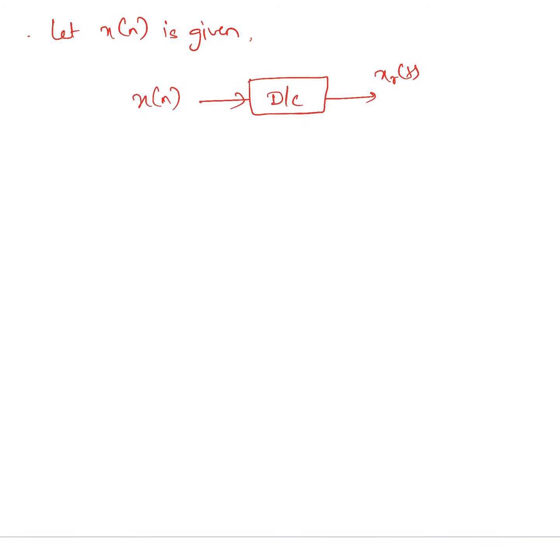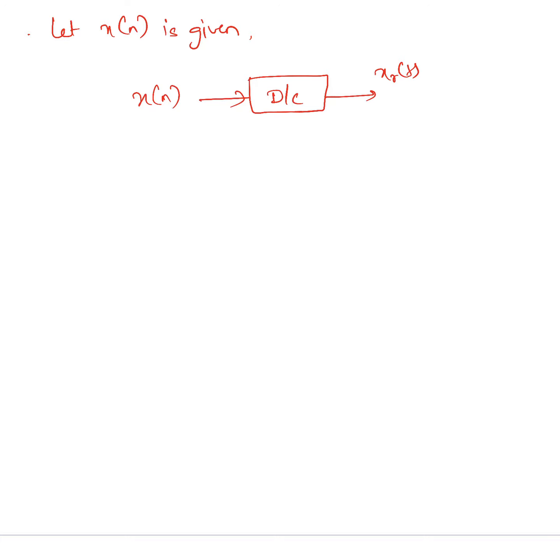Given this x of n, first of all we will create an impulse train, let's call it x_s of t, which we form as the sum over n from minus infinity to infinity of x of n times delta of t minus nT. From this x_s, you notice that the nth sample of the sequence is associated with the impulse at t equal to nT only, right?